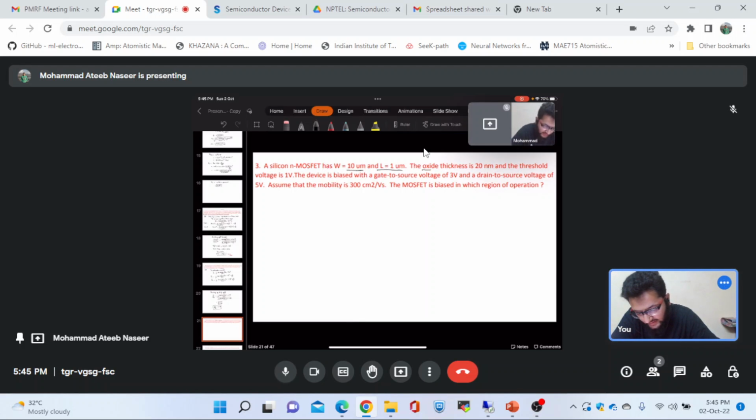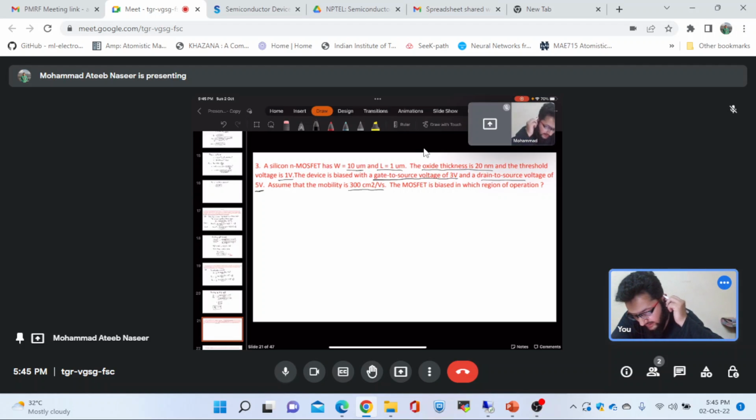The oxide thickness is given to be equal to 20 nanometer, while the threshold voltage is 1 volt. The device is biased at a gate to source voltage of 3 volts, and the drain to source voltage is 5 volts. The mobility is given to be equal to 300 centimeter square per volt second, and we have been told to find the region of the operation.